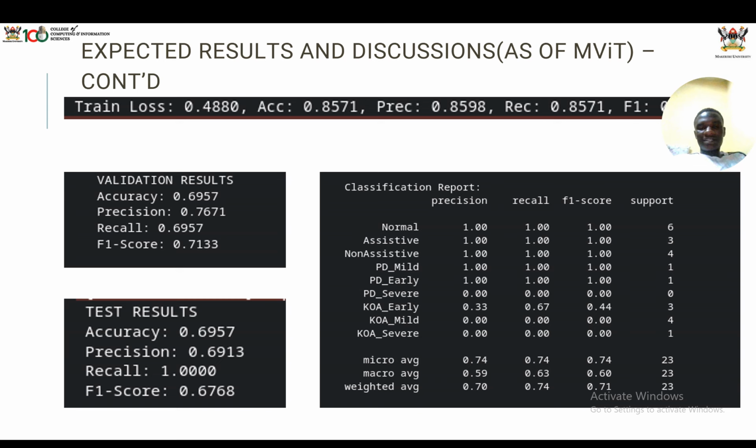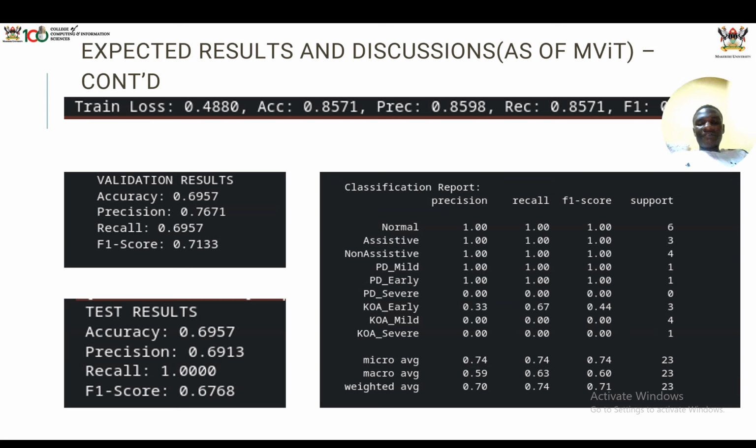there were still some classes that weren't picked, as seen by PD severe, based on the knowledge achieved on how the number of videos was distributed.